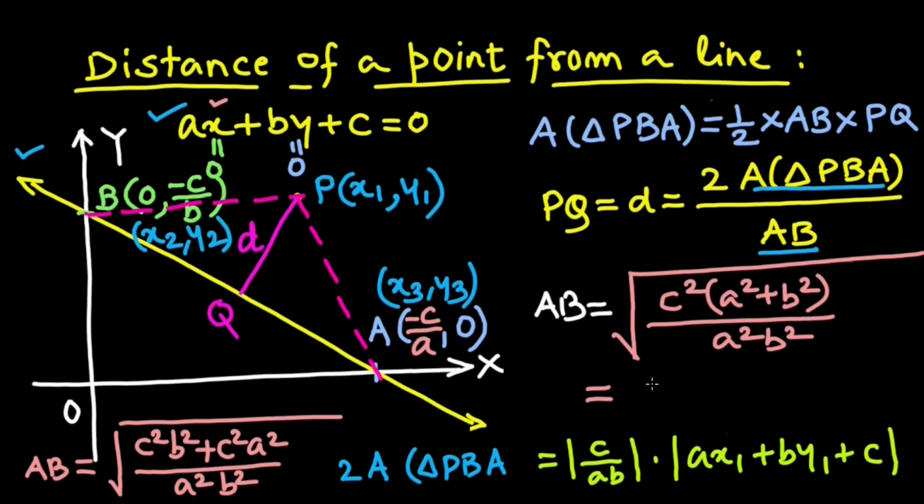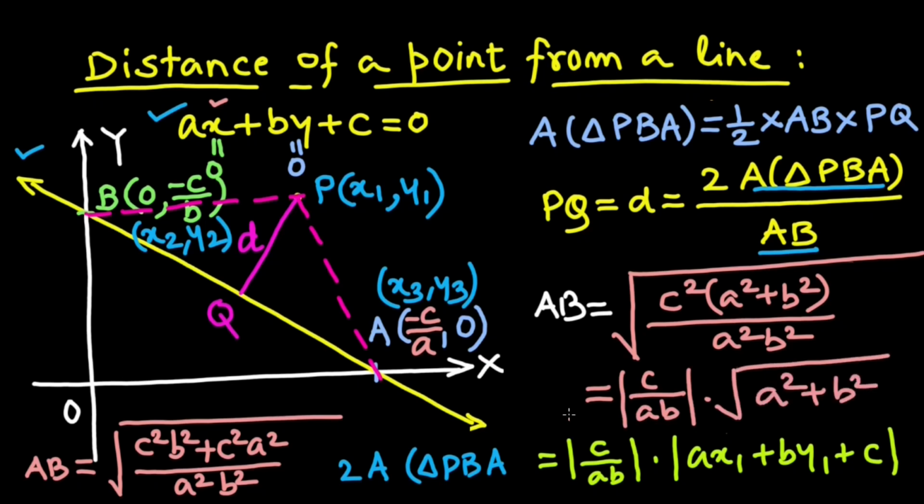Since we have to write only the positive values, the square root of c squared is mod c and the square root of a squared b squared will be ab. We write this in mod because it is going to be positive, multiplied by under root a squared plus b squared. So AB finally will be mod c upon ab times under root a squared plus b squared.